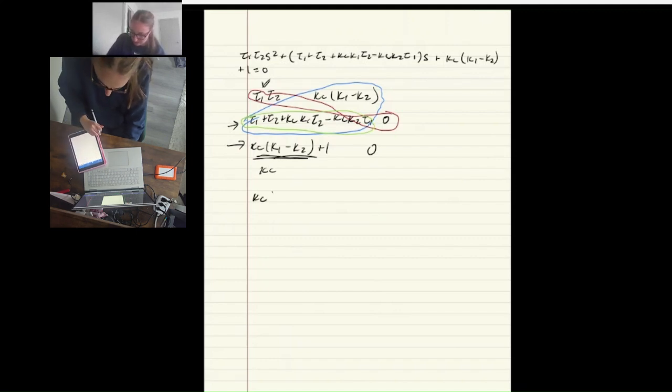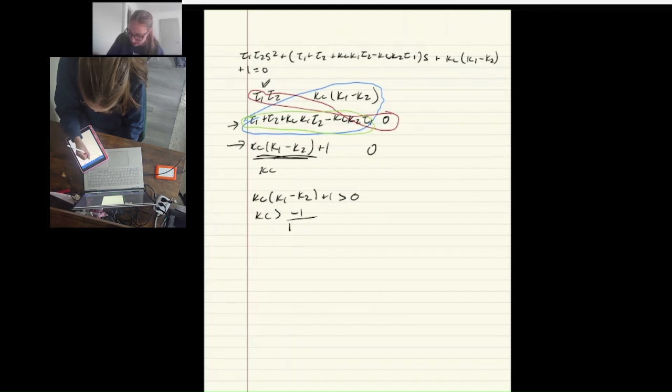We have Kc times K1 minus K2 plus 1 less than 0, so Kc is less than negative 1 over K1 minus K2. And then let's look at our other one: tau 1 plus tau 2 plus Kc K1 tau 2 minus Kc K2 tau 1.